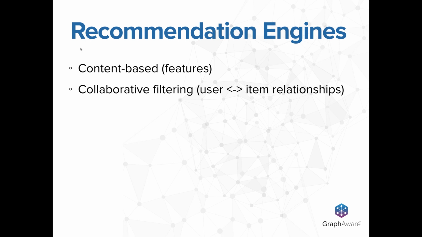The other type people talk about are collaborative filtering engines, which operate with the notion of relationships between users and items. Your users will have some kind of relationship with the items. For example, in an e-commerce store, it would be that they looked at it, or they liked it, or they rated it, or they bought it. Based on those relationships, we will try to recommend these items to other users.